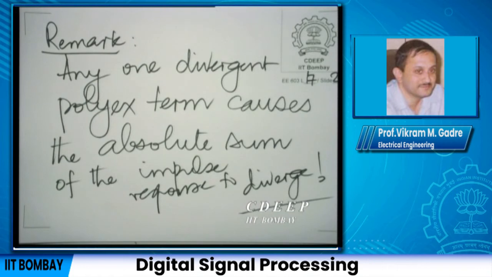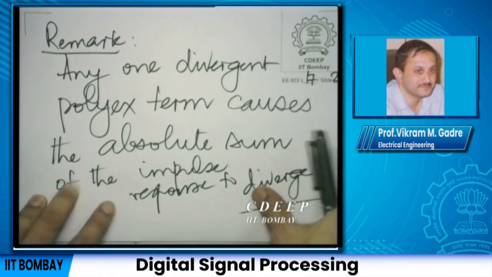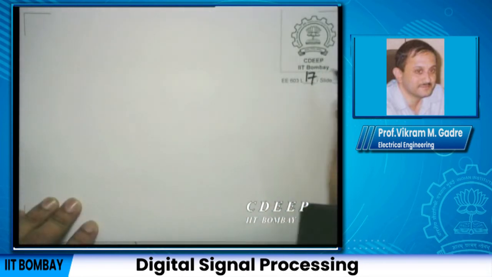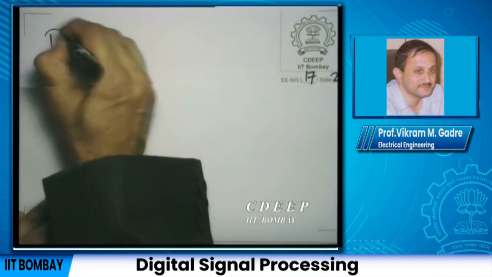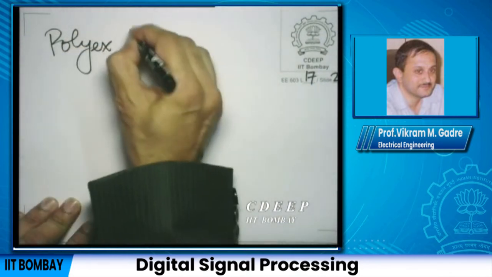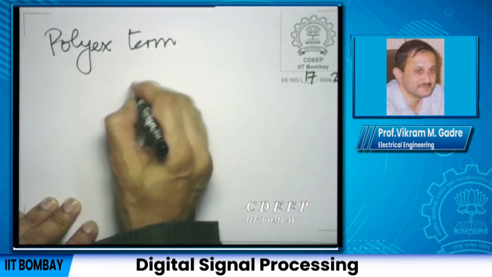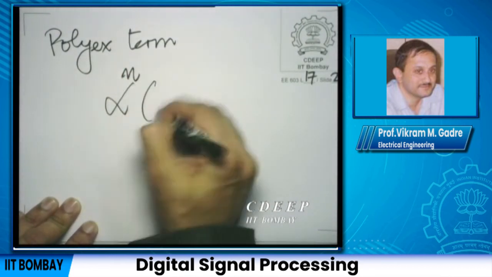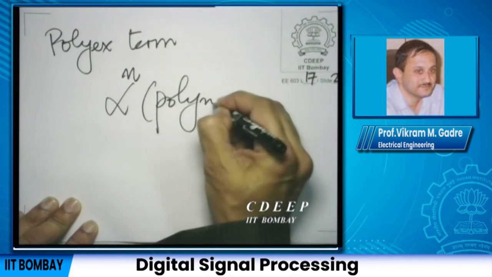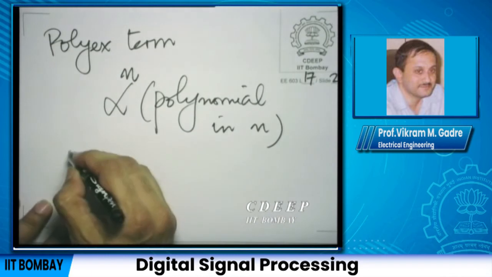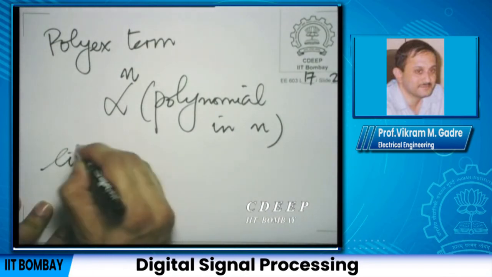To understand this is a slightly deeper issue. Why does this happen? What is a poly-x term? A poly-x term is a term of the form alpha raised to the power of n times a polynomial in n, either right sided or left sided.